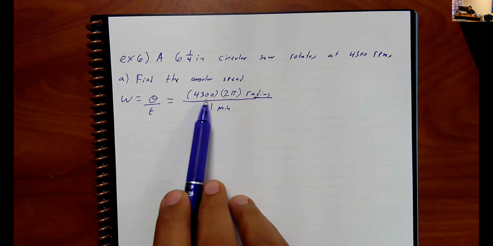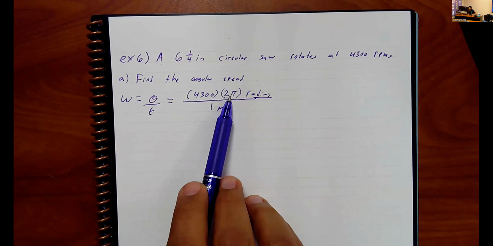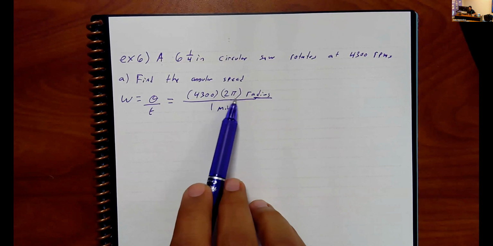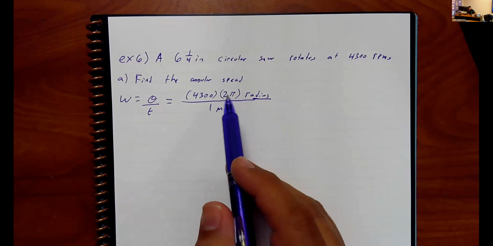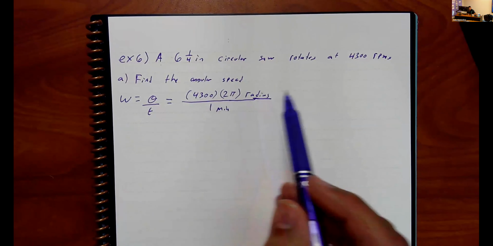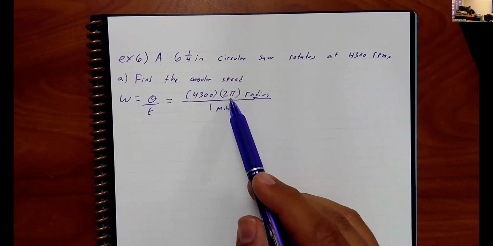Hence 4,300 times 2 pi. Right, this is the revolution. Does that make sense? Where this came from? So the revolution is the 2 pi, and theta is this entire part.